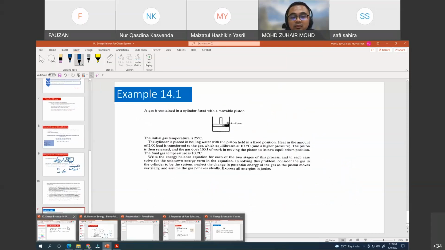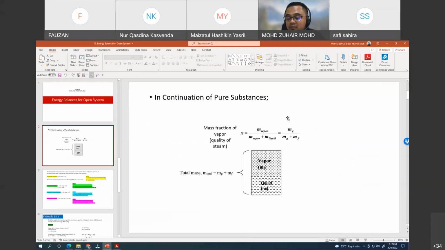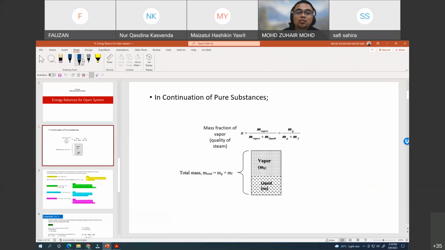Okay, this also will be something that you will be asked in the soalan bocor. This is the tip that I'm going to give you. Mass fraction, or normally we just call it quality. Quality of the steam, or quality lah. Selalu kita panggil quality X. Okay, so you need to know how to find X. Well, actually, it's just a mass fraction of the vapor over the total mass.